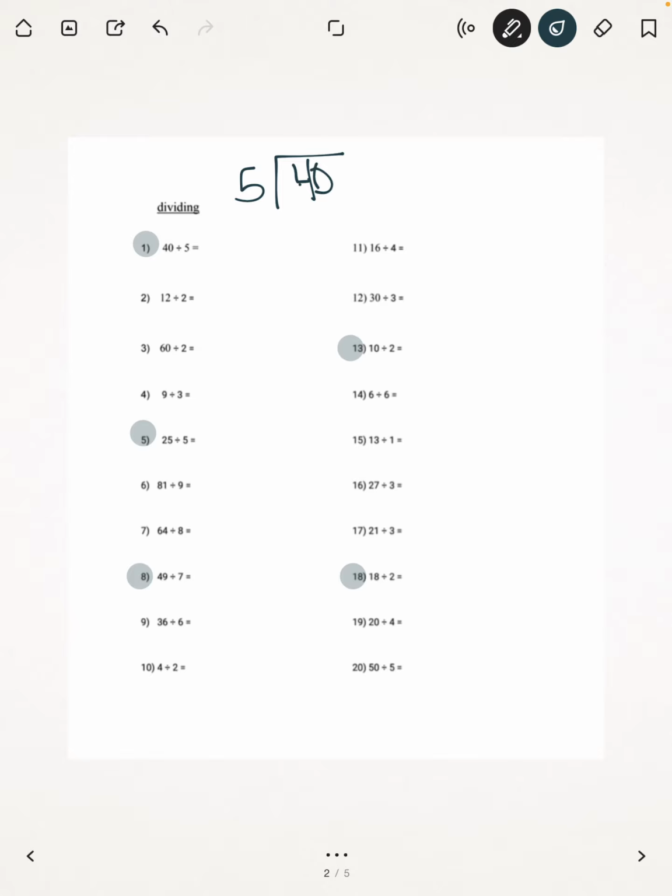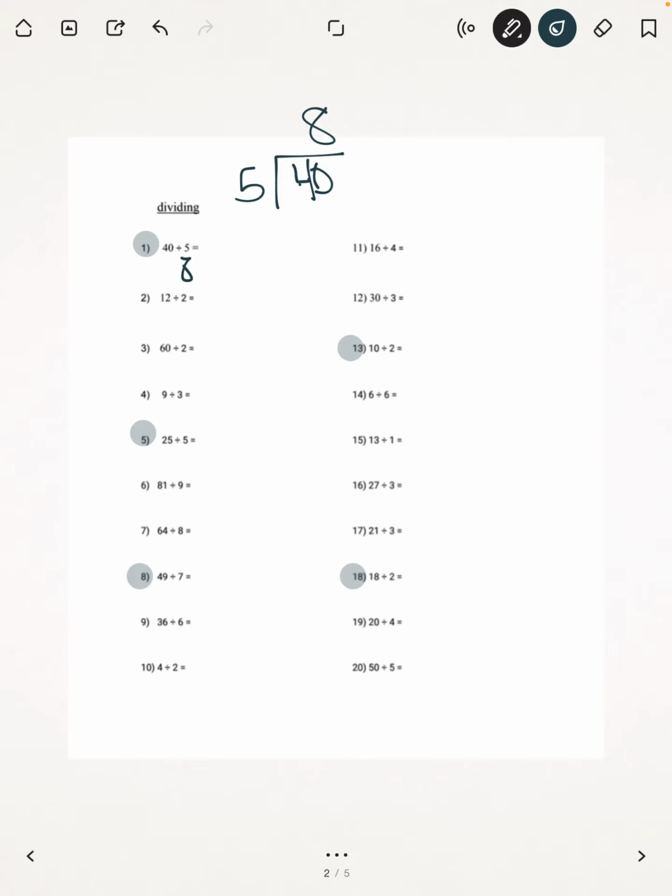So we first see if 5 could go into 4, which doesn't. So we move on to the second number, which is 40. 5 does go into 40, and it goes into 40 8 times. So 40 divided by 5 is 8.